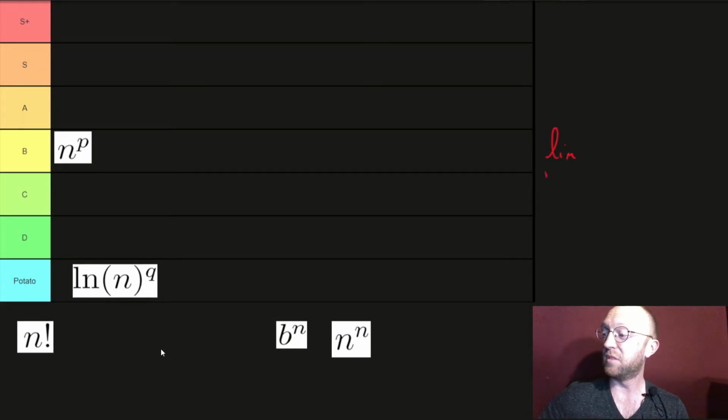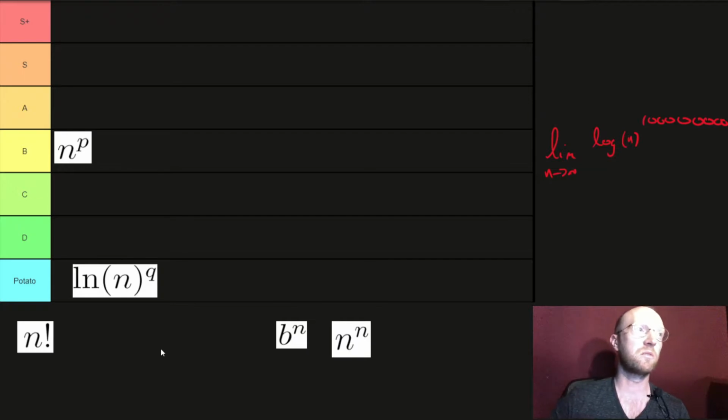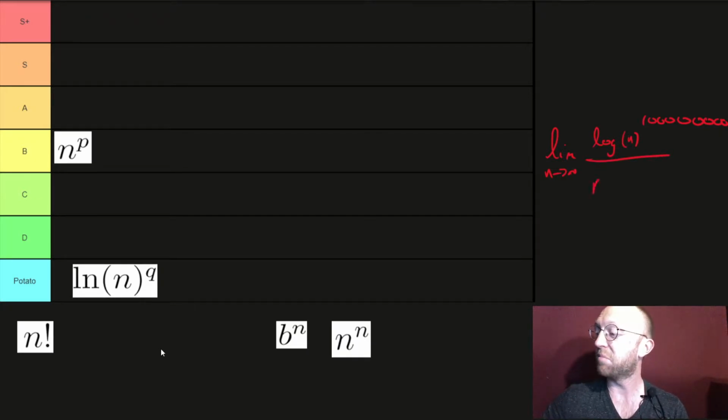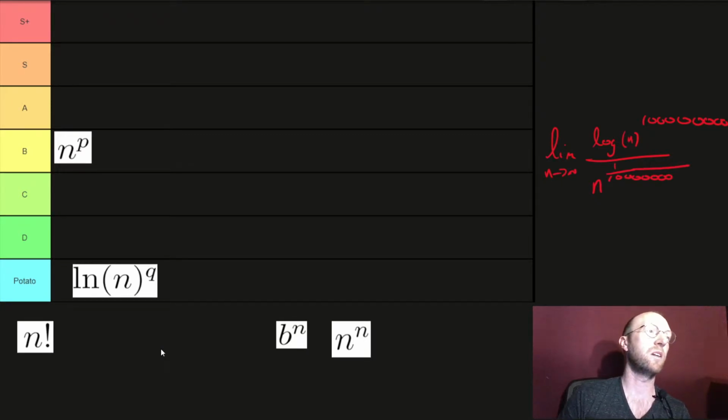Let's look at the limit as n approaches infinity of log of n, I don't know, let's just keep adding zeros, to a massively high power, divided by n to the 1 over, let's just keep adding zeros, so a tiny fractional positive power. That's 0. Any power of log is completely trashed by even the millionth root of n.